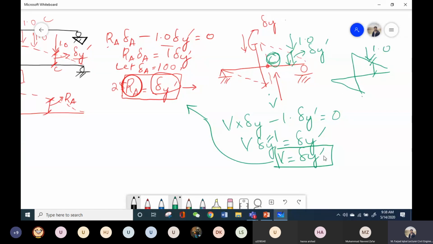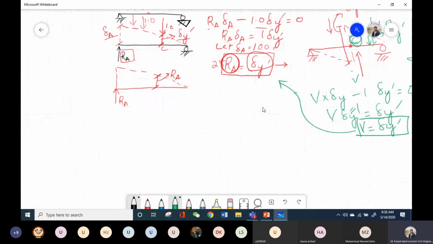So this is what this concept employs. You apply the shear force, you get the deflection, and this deflection is equal to the shear force value. And this is what we proved. You got it?